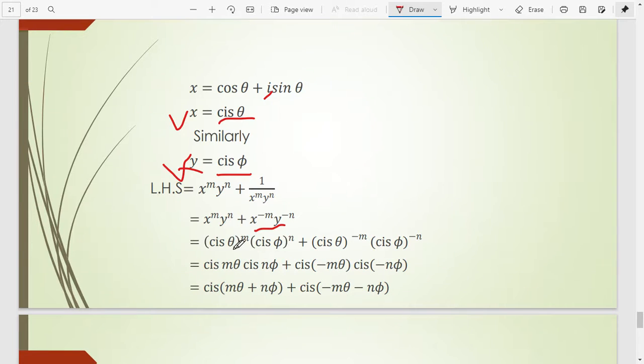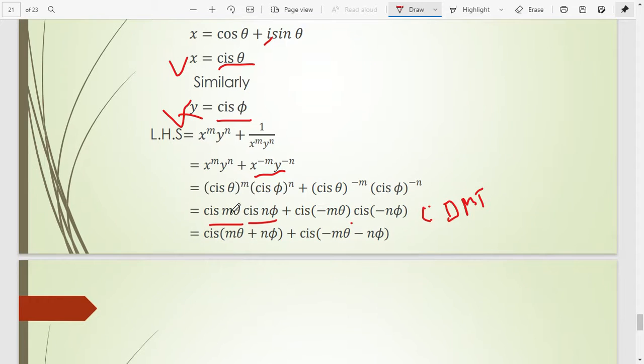So cis theta raised to m into cis phi raised to n plus cis theta raised to minus m into cis phi raised to minus n. Now by De Moivre's theorem, cis theta raised to m is equal to cis m theta, cis phi raised to n is equal to cis n phi, plus cis minus m theta into cis minus n phi.